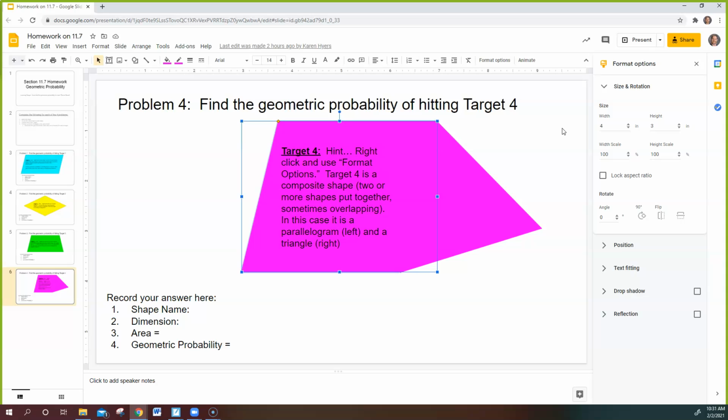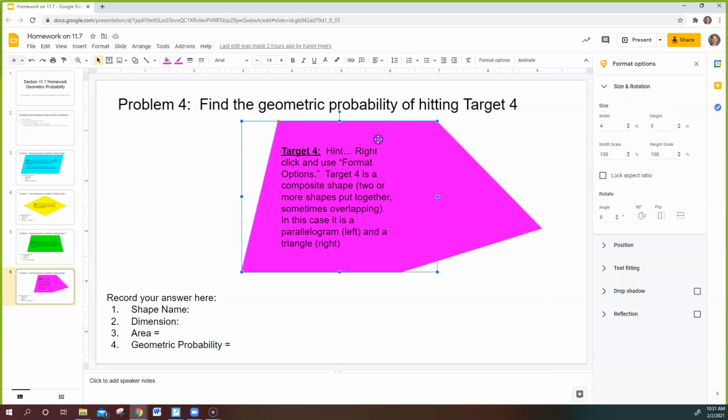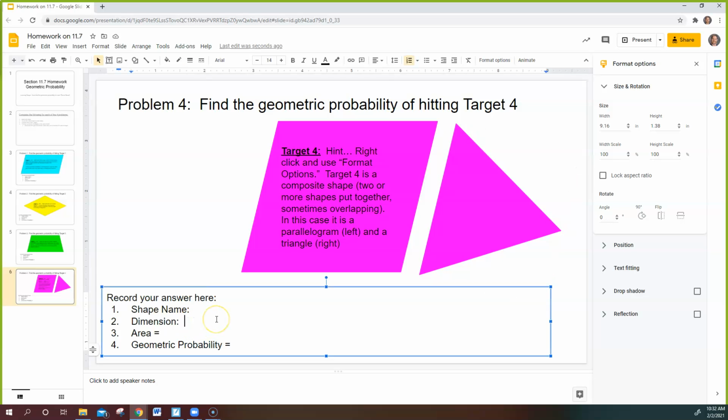Okay, thank you. Wait, what do you mean by dimension? Dimensions is kind of what we were just talking about here with the width and the height. If I was looking at this example, you can pull this apart if it makes more sense, because then you can see the two differently, but it's officially a triangle and a parallelogram. I know the parallelogram has a base, or you can call that width.